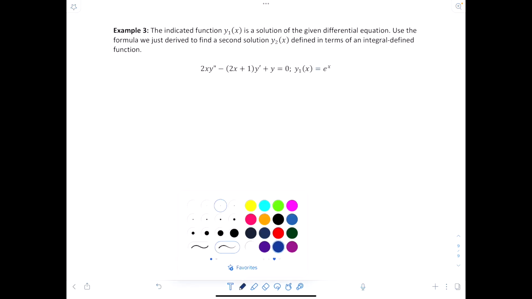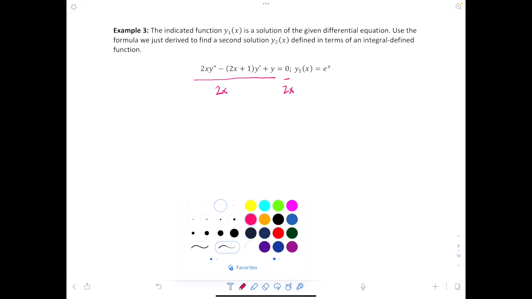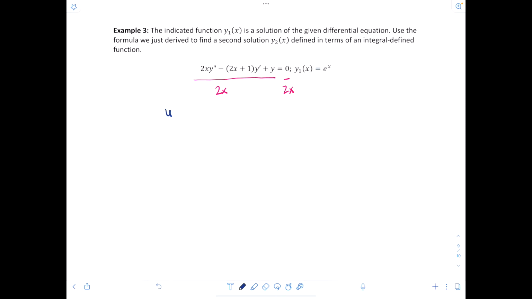So we're going to divide both sides by 2x. And y1 at x is e to the x. So using just one side of the constants, we can say that x0 is greater than or equal to 0.